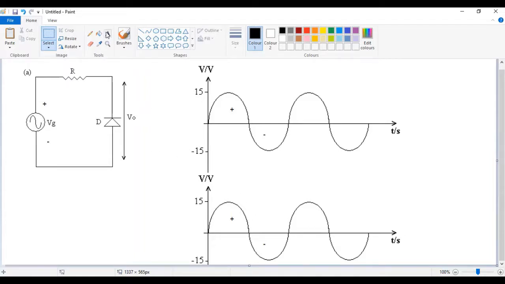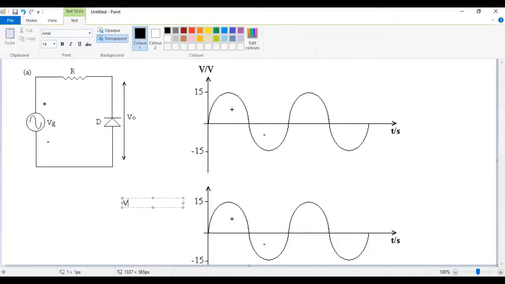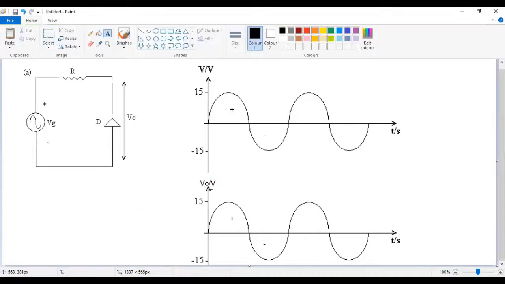So this is your output waveform here. We see that for the positive half cycle, since this is now reverse biased, you're simply going to remove that, and you're measuring V naught, which is simply your supply, because no current is flowing and no drop across R. So this is going to be maintained.